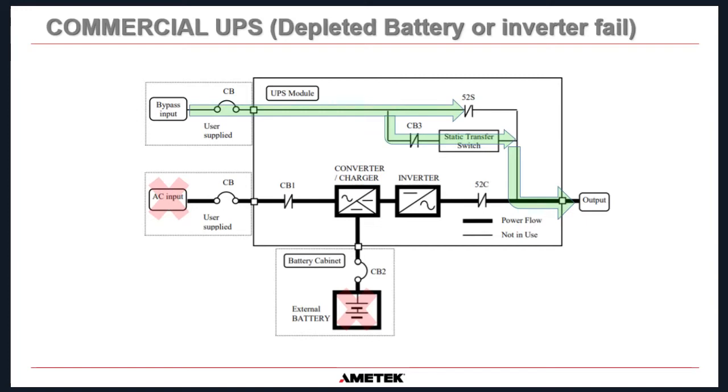It says, okay, my battery's discharged. I'm going to switch off my inverter. Let's transfer over to the bypass supply. It sends a signal to the static transfer switch, and this switch is on. So as you can see, the power now flows from the bypass through the static switch and out to the output circuit here. Okay, that is now the power flow.